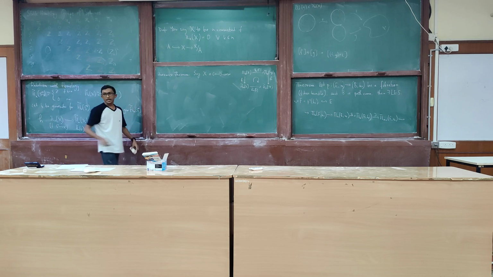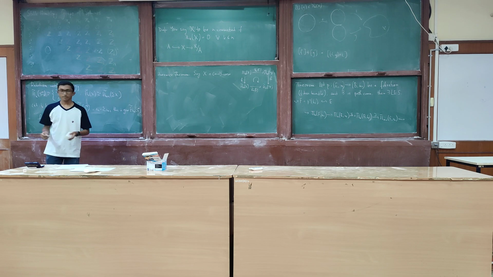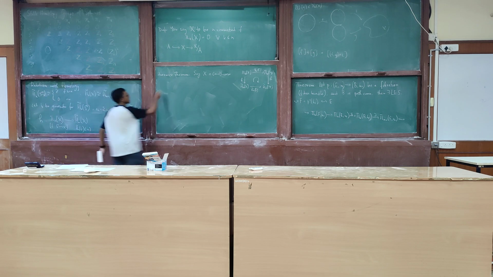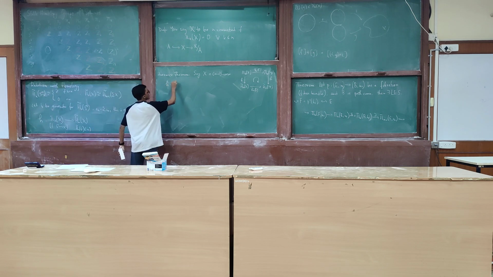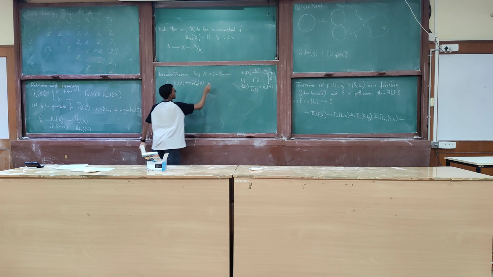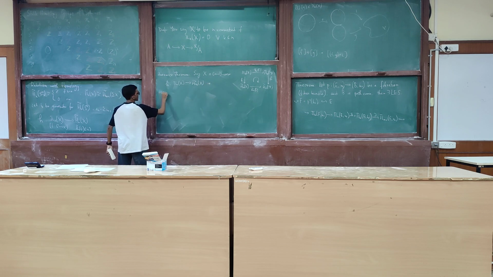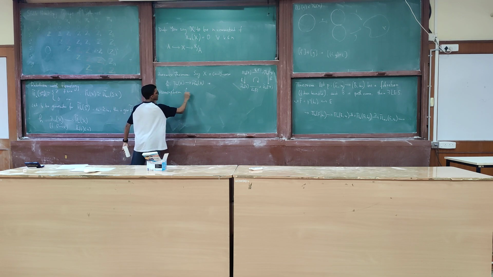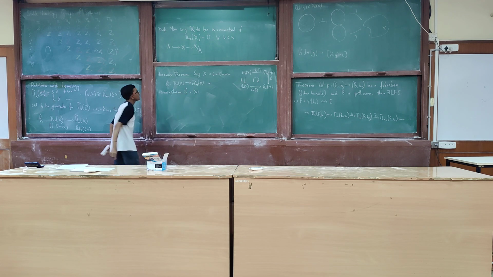Then the Freudenthal map from pi_n of X to H_n tilde of X is an isomorphism if n is strictly greater than 1.